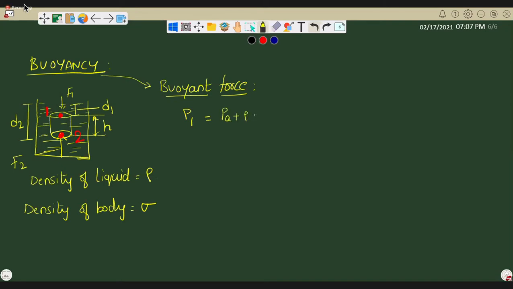Atmospheric pressure plus rho g D1, isn't it? What is the pressure at 2? Atmospheric pressure plus rho g D2.